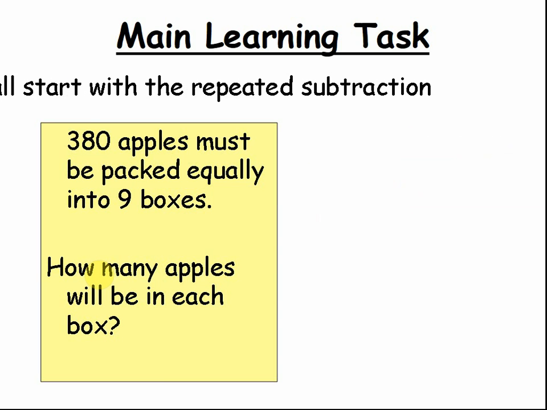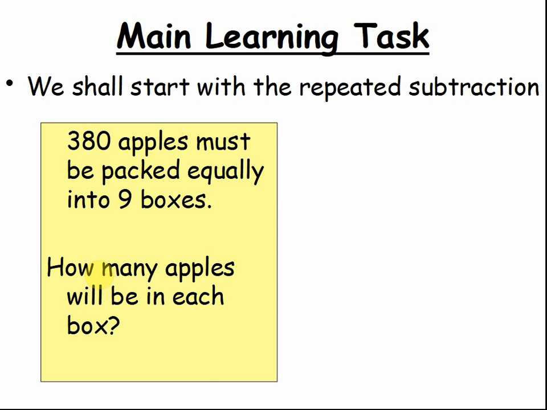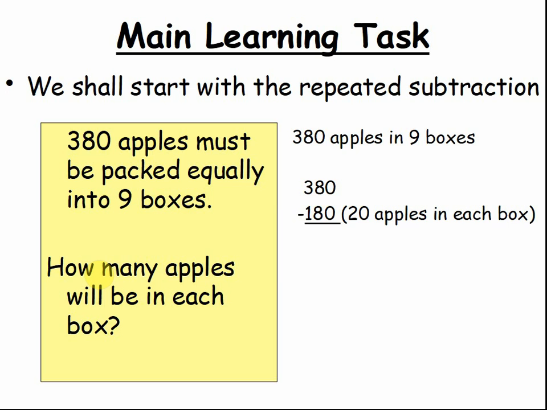Let's solve it. We start with repeated subtraction. There are 380 apples in 9 boxes. There's our 380. We put 20 apples in each box, so we share out 180 of them. So we have 200 apples left.